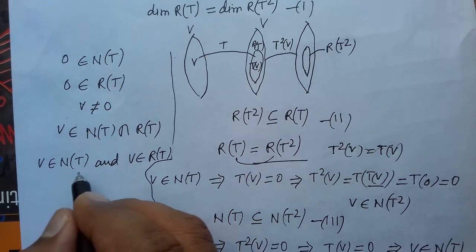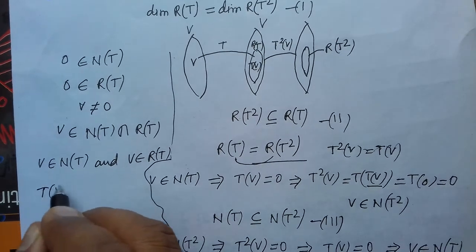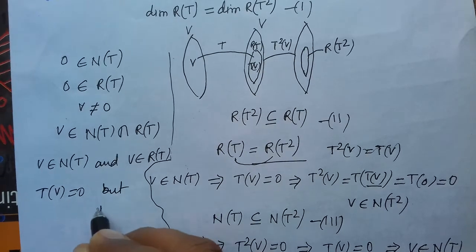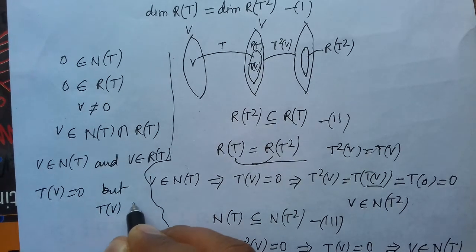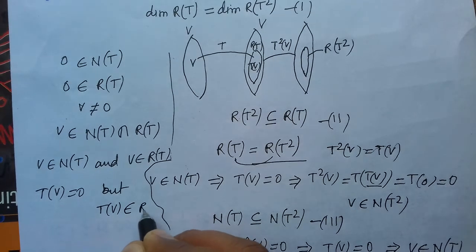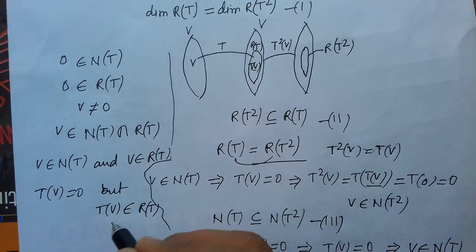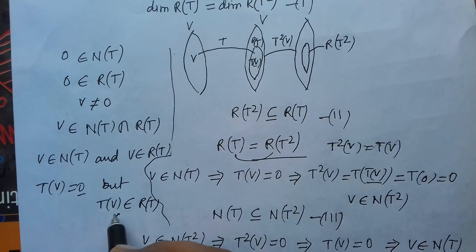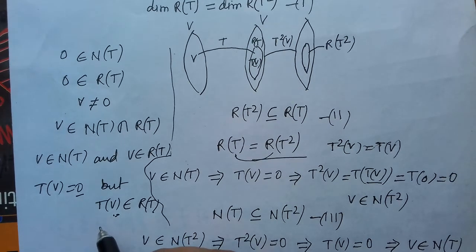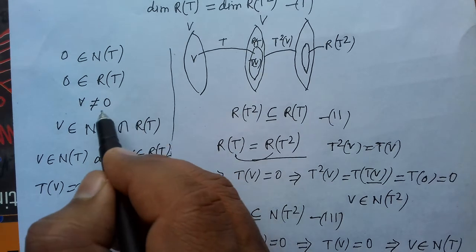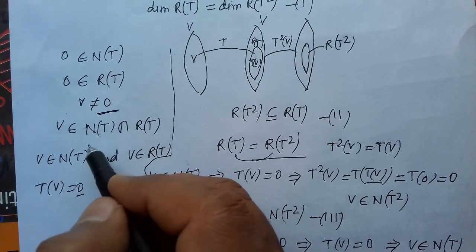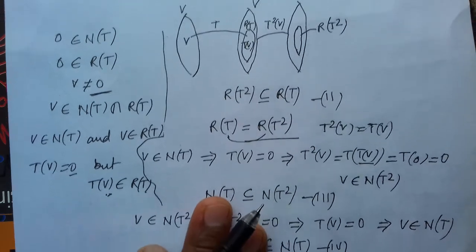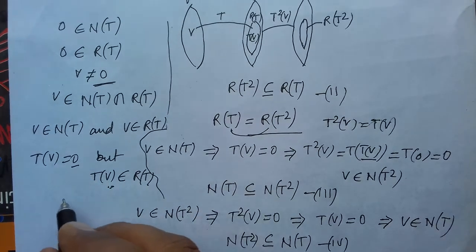V belongs to NT means TV equals 0. But TV is a member of RT, the range space of T, and here TV is 0. This means that 0 belongs to RT. But from this assumption, we are not considering the 0 vector. So we got a wrong conclusion.